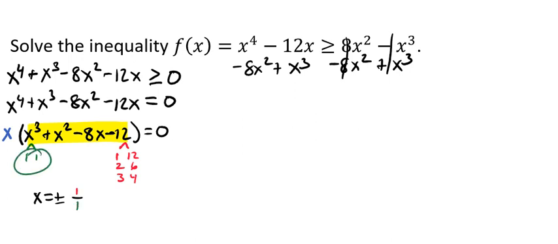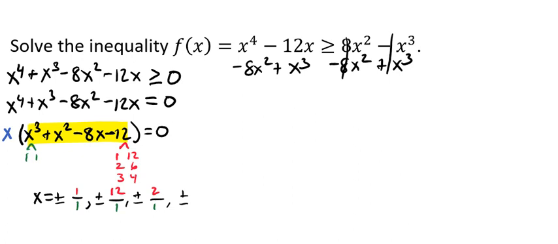Because there's 2 of these, I only have to do it one time. Then I'm going to have plus or minus 12 over 1, and plus or minus 2 over 1, and so on. You kind of get the idea of how that sets up.